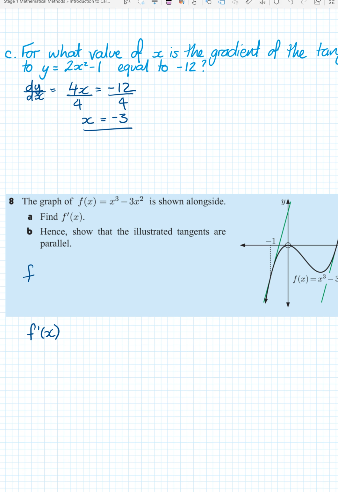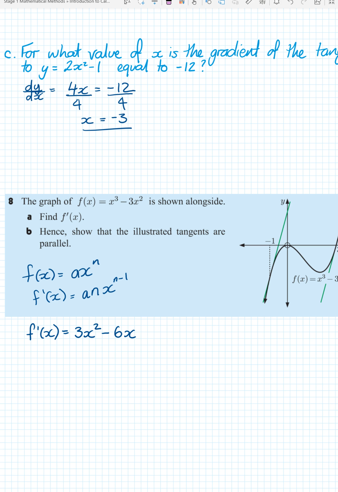So remember, our pattern is ax to the power of n, f'(x) equals an times x to the power of n minus 1. So f'(x) is going to be equal to 3x squared, 3 take 1 is 2. Now subtract 3 times 2, which is 6x. 2 take 1 is x to the power of 1, so we'll be left there. So we've found f'(x).